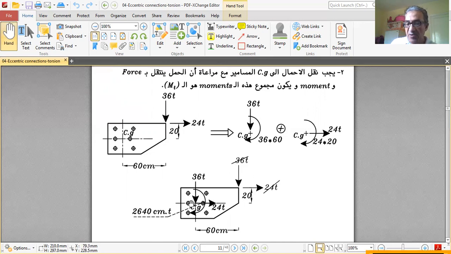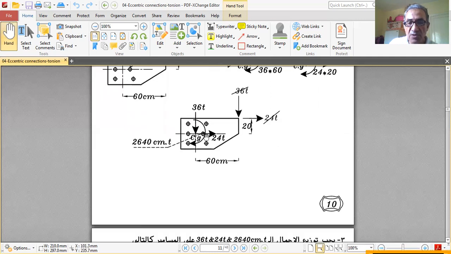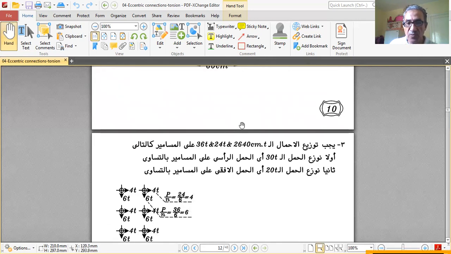So 36 down, 24 in the positive x direction, and a moment of 2640 centimeter ton. These have been moved to this location with the same forces in the same direction and a moment, which we calculated as 2640 centimeter ton. So this is how we transfer the load from its original location to the CG of the bolt group.